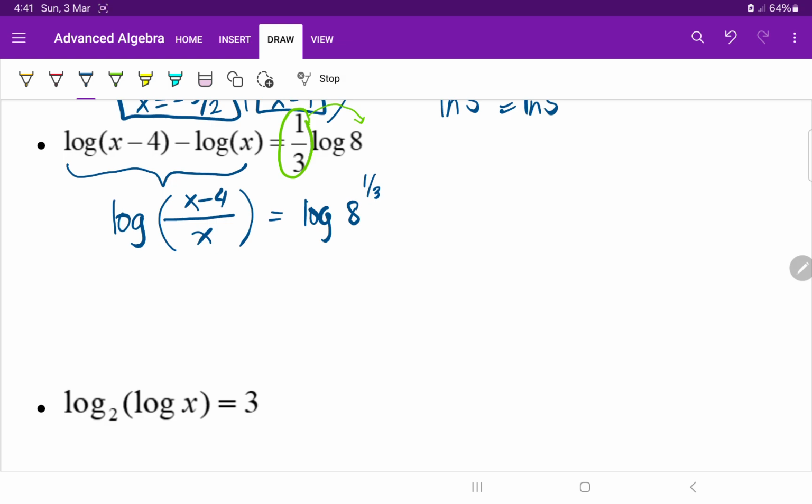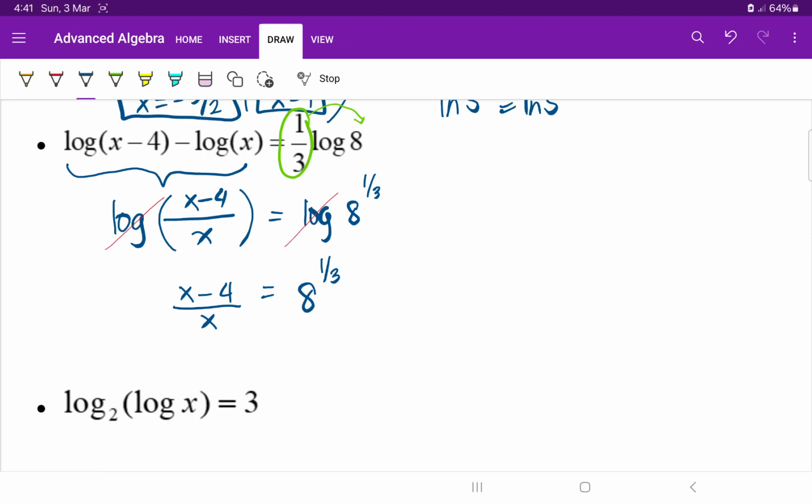It's a common log, so on the left side we can cancel this, as well as on the right side. So giving us x minus 4 over x is equal to 8 raised to 1/3.